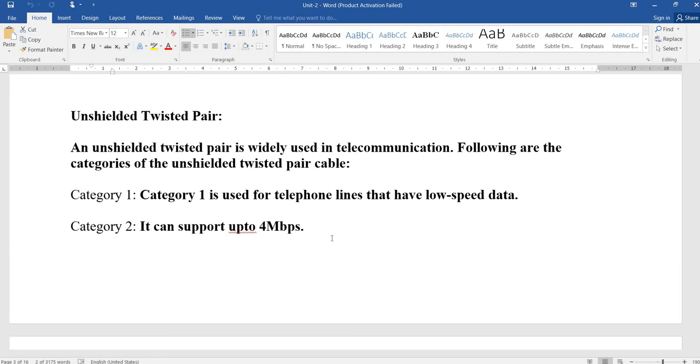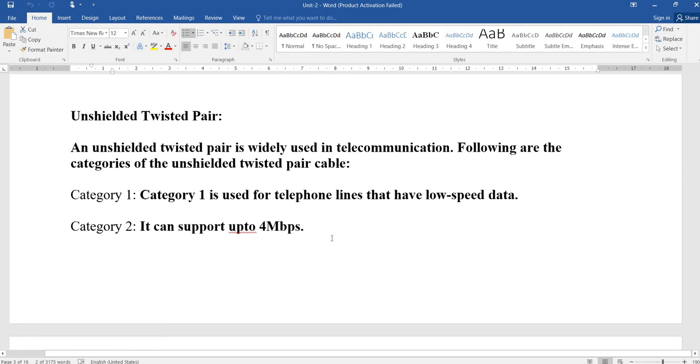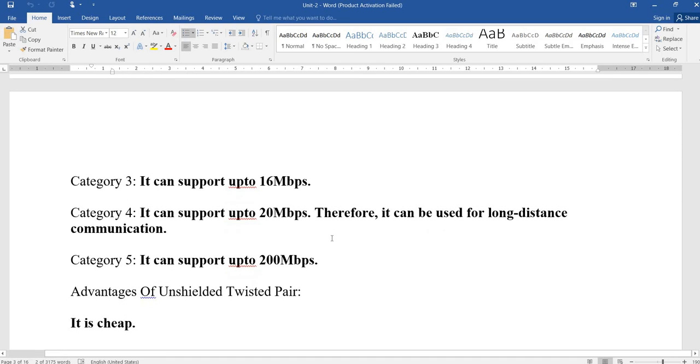Falling under the unshielded twisted pair cable are category 1, 2. Okay, there are different types of categories. Category 1 is used for telephone lines and low speed data. Category 2 can support, sorry, up to 4 mbps, and category 3 can support up to 16 mbps.